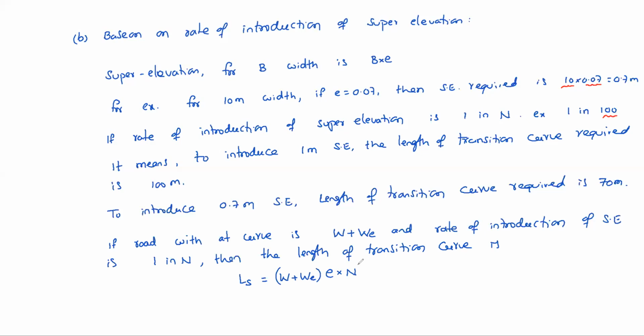See here, if superelevation is provided by rotation about the center of the road, then what we need to do is 50% here, 50% here.